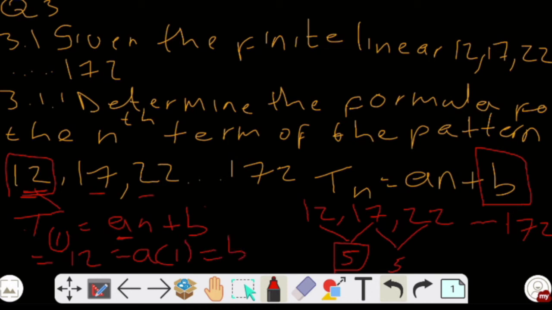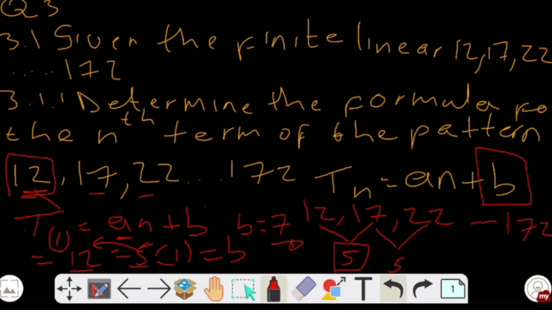We just found the value for A, which is 5, so we can write 5 in place of A and then calculate the value for B. 5 times 1 is 5, and then we take the 5 to the other side, which will give us B equals 12 minus 5, so your B will equal 7.